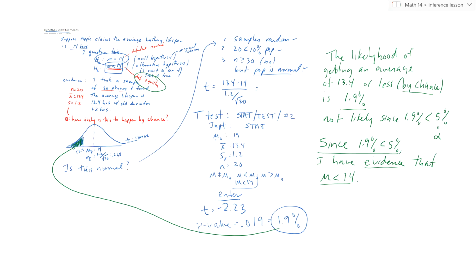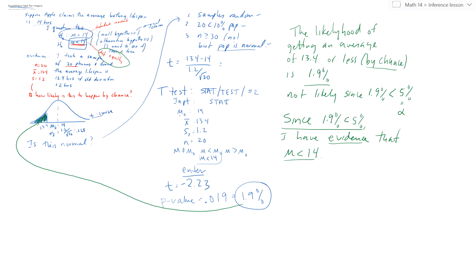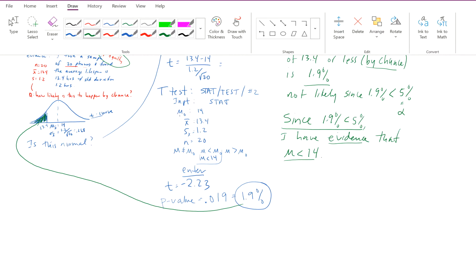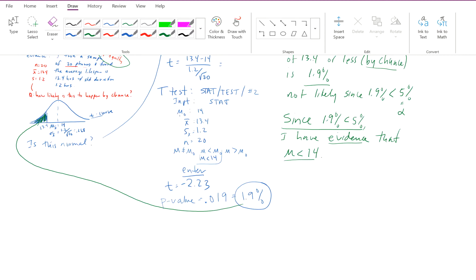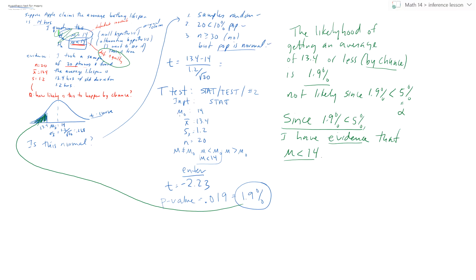Okay, so here's the whole thing right here. And so what are the things that you need to include on a problem like this? You have to have the null and alternative hypothesis.